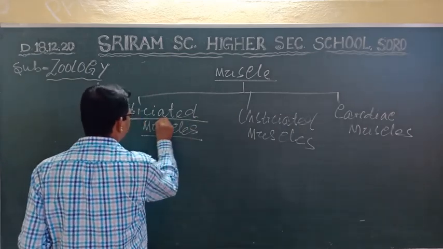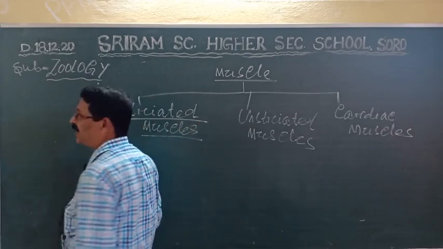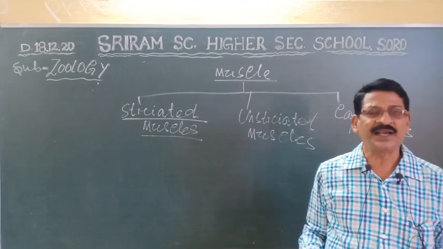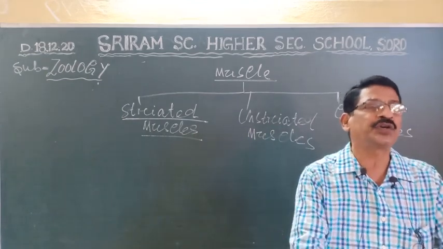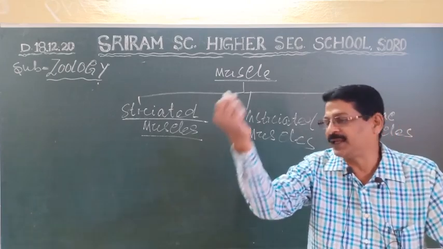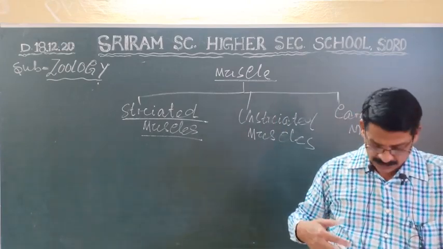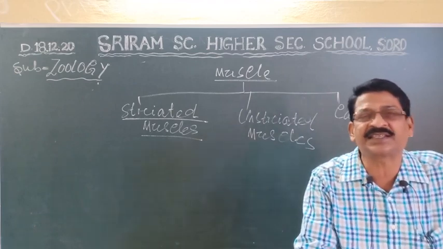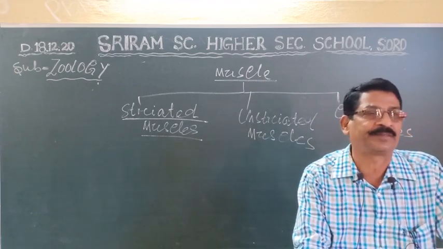The amount of striated muscle is maximum in our body because it is present in most parts of the body, like the limbs, the belly and the legs, etc. Maximum muscles are of this type.